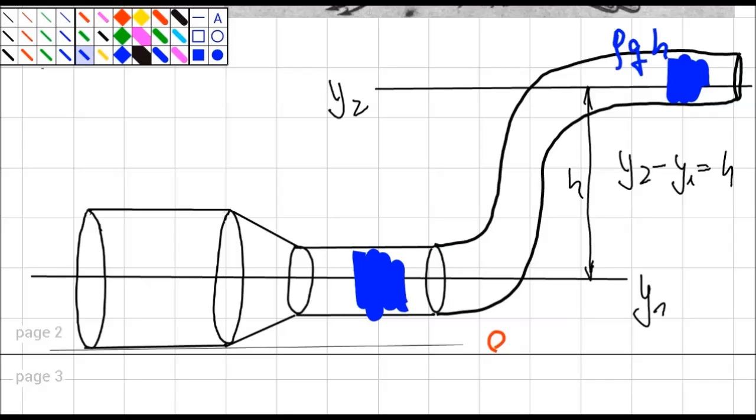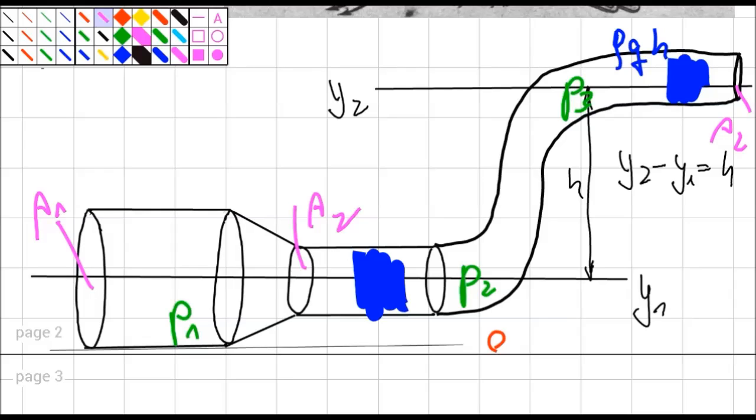Same as here, there's a pressure 1 here, and there's a pressure 2 here, and I'll call this a pressure 3. And eventually we have here an area 1, here we have an area 2. Then a fluid which flows through this part here, and so much volume goes through in 1 second, has to go much faster here in order to produce the same throughput, so much volume per second.